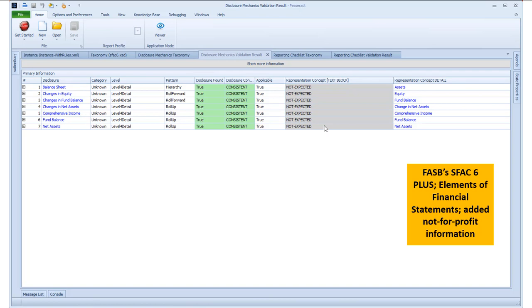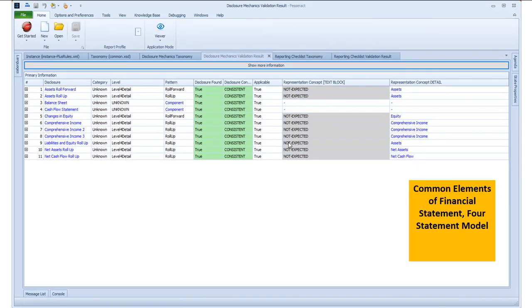Then I did SFAC 6 again, but I added the not-for-profit information so I could start getting into some variability, and made this work so I can understand why it works and how to make it work. And I did the same thing for the common elements of a financial statement, basically taking SFAC 6 and expanding it, adding the cash flow statement.